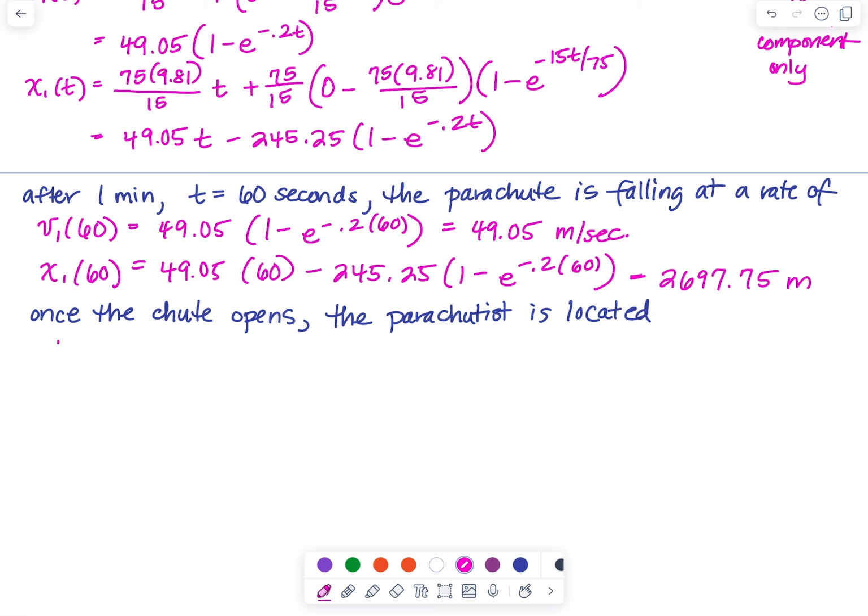So we will have 4,000 minus 2697.75, and the parachutist will be 1,302.25 meters above the ground.